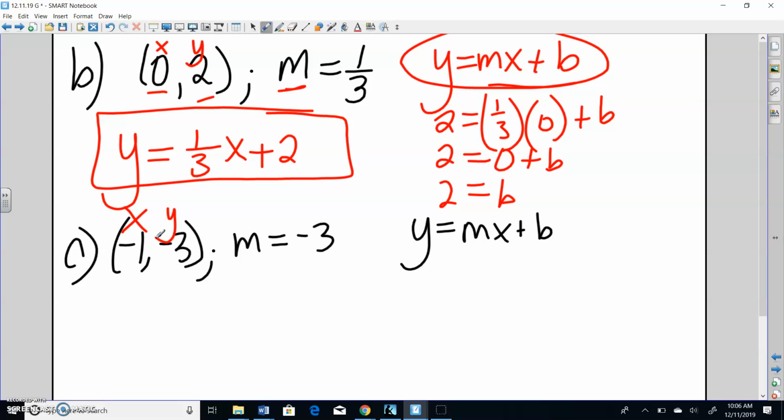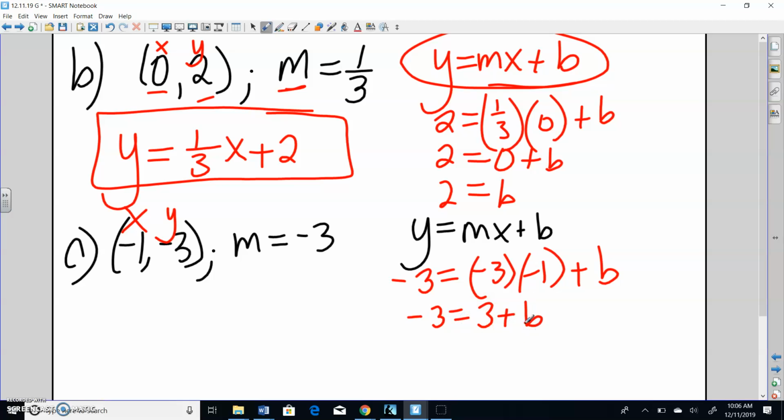Sierra, what's this going to do? What am I going to have under my y equals mx plus b with all the substitutions? It's going to be what equals? Then we simplify the -3 times a -1 to give us 3. And then what do we do, Tessa?